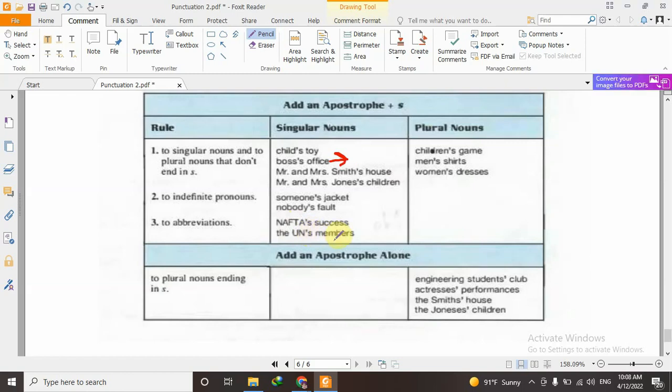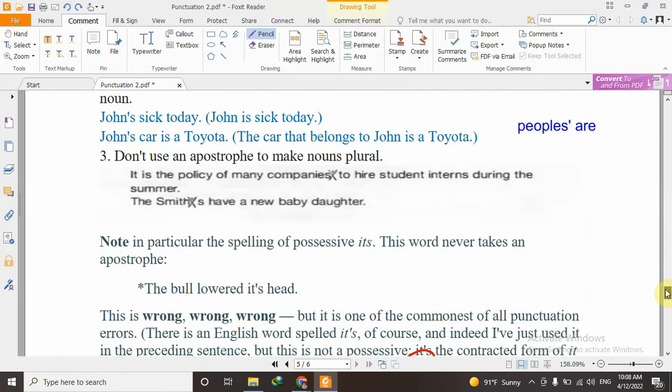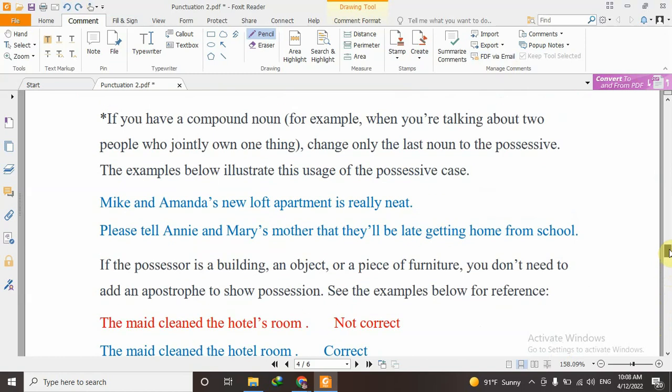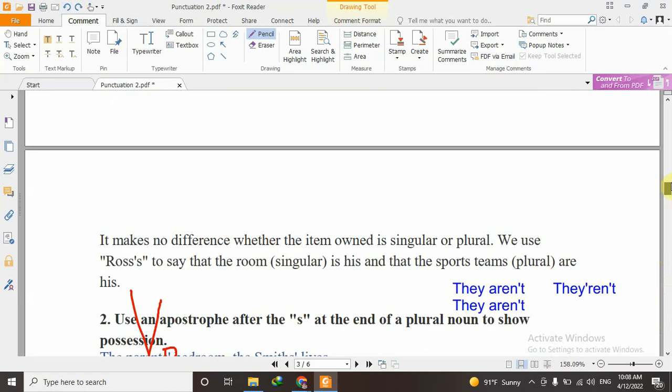UN's members يعني اعضاء United Nations، اعضاء الامم المتحده. add an apostrophe alone. يمتى تخلي بس الابوستروفي alone؟ اذا احنا عندنا plural noun يعني students club، actresses performance، Smith's house. شوفوا هنا عندنا James children. اوكي. هذه هو مختصرها لكم بهذا الدايجرام. انا شرحت لكم عليها هذه كلها حتى انطيكم كل الرولز شلون تصير وشلون يصير لها، واذا اكو بيها exception فشنو هو.